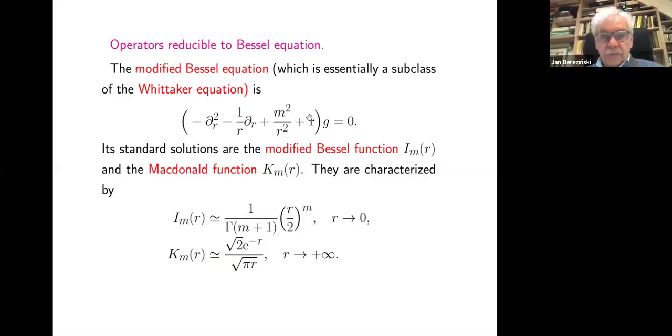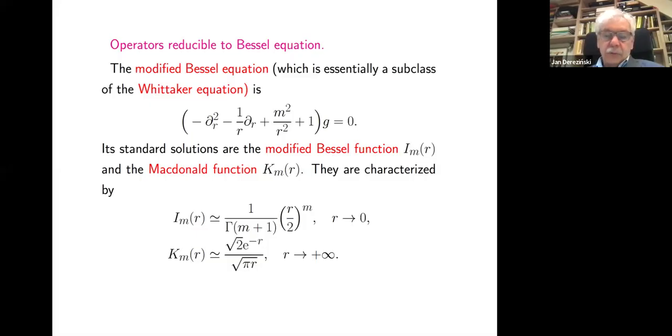Actually, this is the modified Bessel equation; the usual Bessel equation has a different sign at one place. The standard solution is the so-called modified Bessel function, denoted I sub m, and m is an arbitrary complex number.